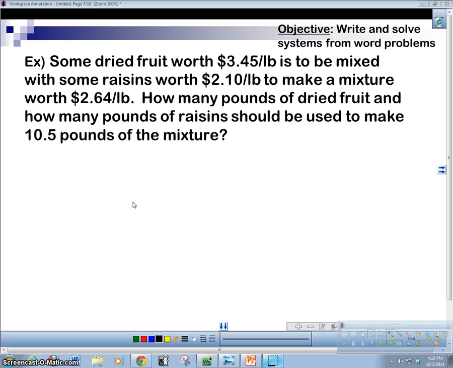Okay, so again, I'm just going to come up with the equations here and then kind of fast forward through the actual solving. Some dried fruit worth $3.45 per pound is mixed with some raisins worth $2.10 per pound. How many pounds of dried fruit? So I'm going to say X is pounds of dried fruit, and Y is going to be pounds of raisins.